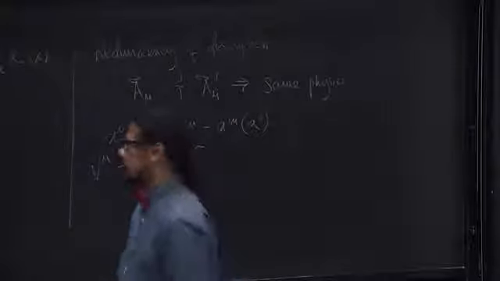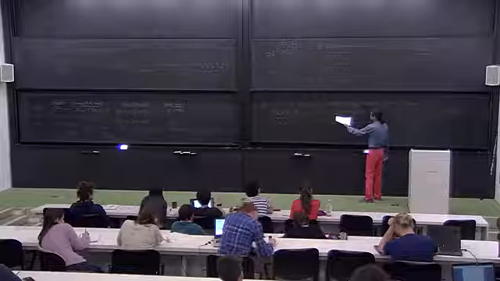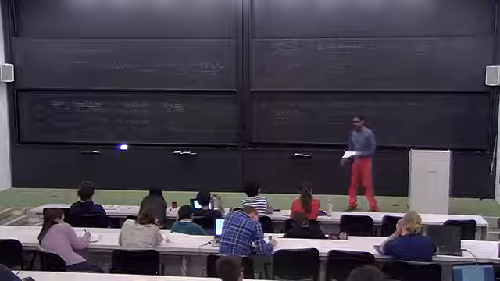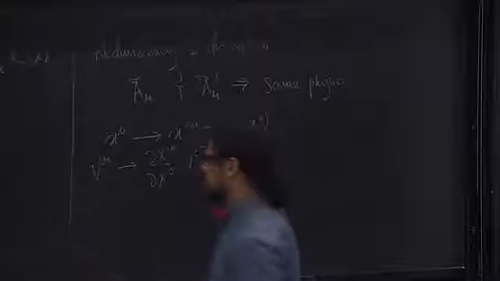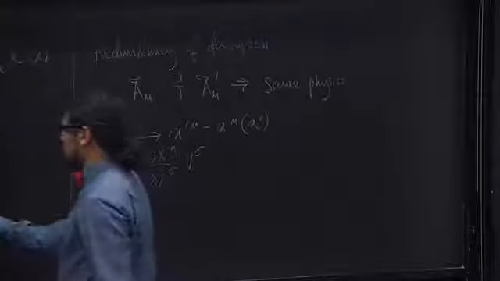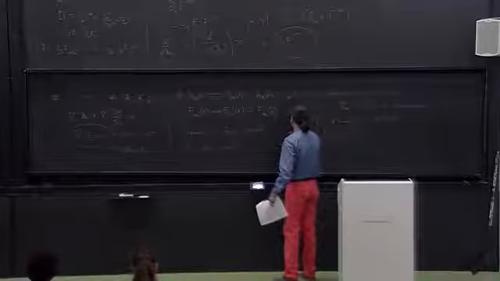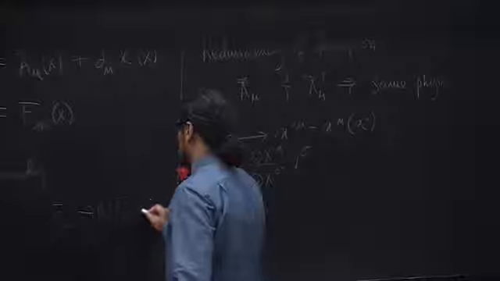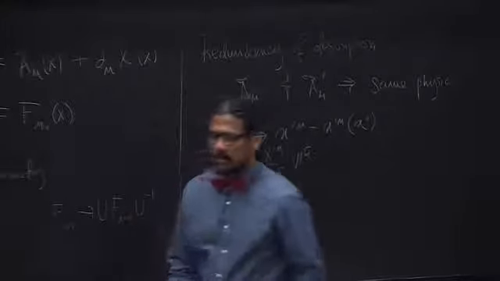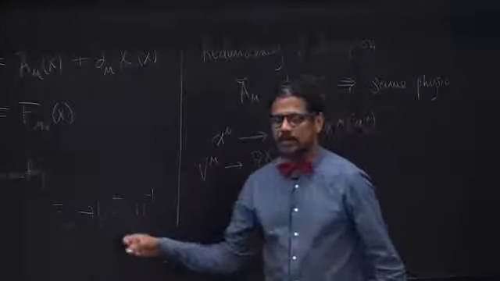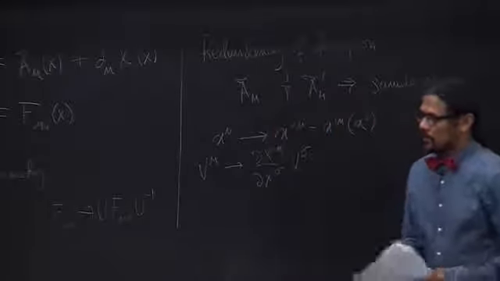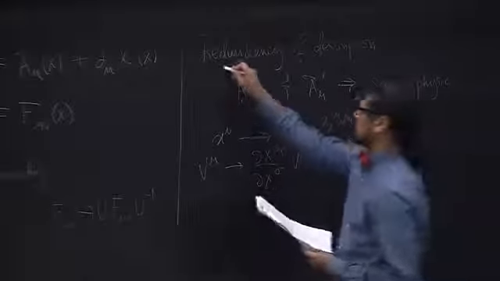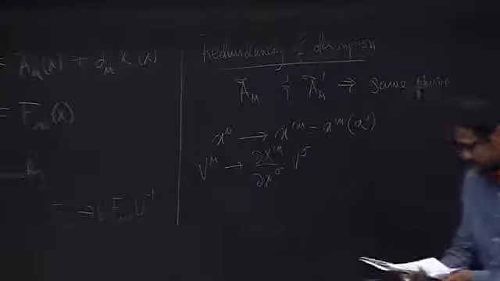Here, because the group is U1, the curvature tensor doesn't transform. But you'll see in Yang-Mills, F mu nu will actually transform with U F mu nu U inverse, analogous to the way the Riemann tensor transforms in GR. So yes, you have seen this redundancy of description before in GR.